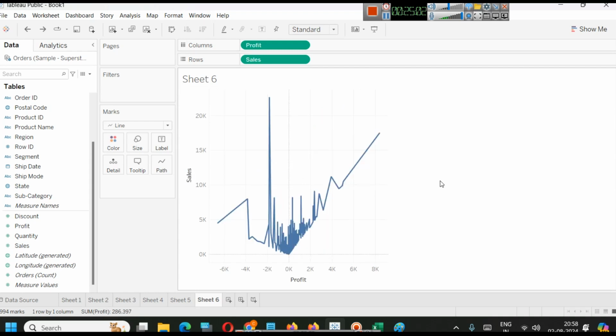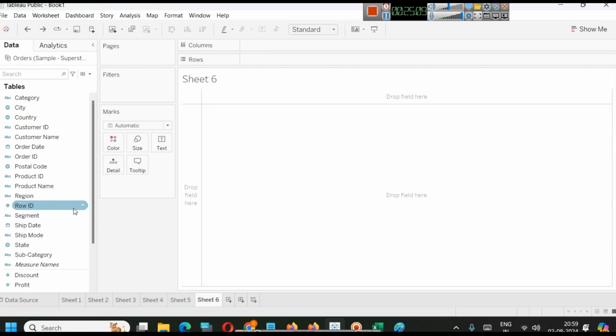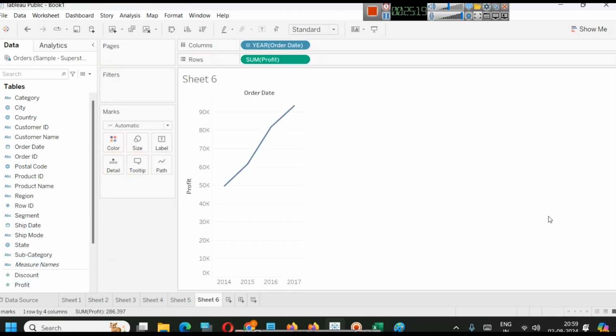So you can compare, but we should not do that. But when we have order or date or time related value on one axis and a numerical value on the other axis, in such cases a line graph is an ideal graph.